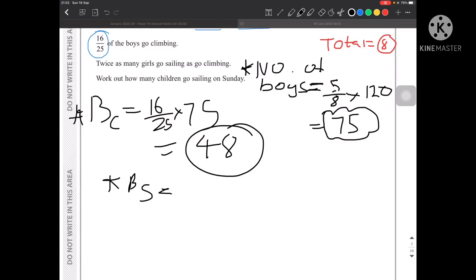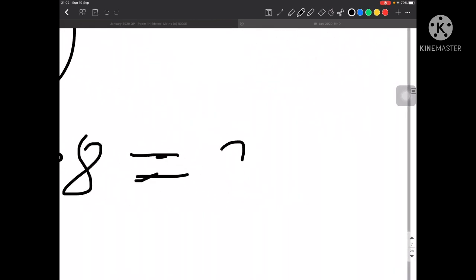Boys sailing equals 75 minus 48, which is equal to 27.